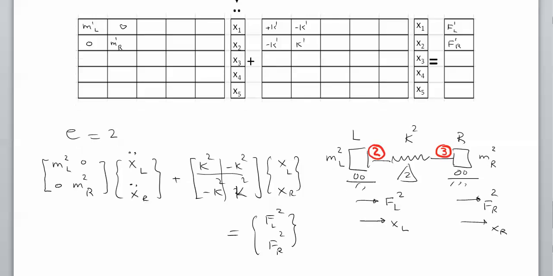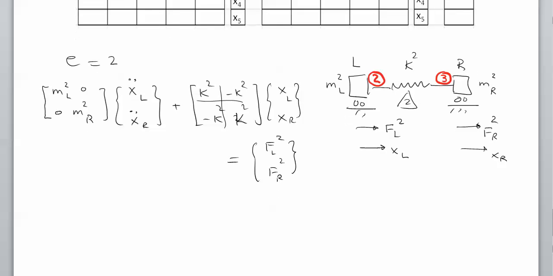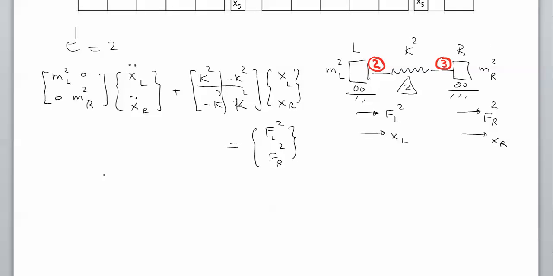And I want you to see that what happened here is that we have local labels and global labels. The local label is always left or right. And the global label for this particular element is 2 and 3, which tells us where in the global stiffness matrix and mass matrix these things are going to go.